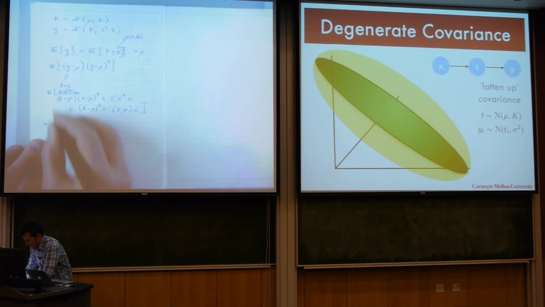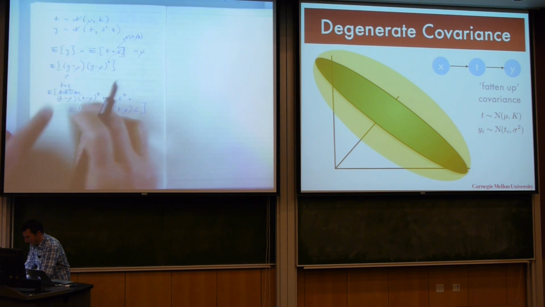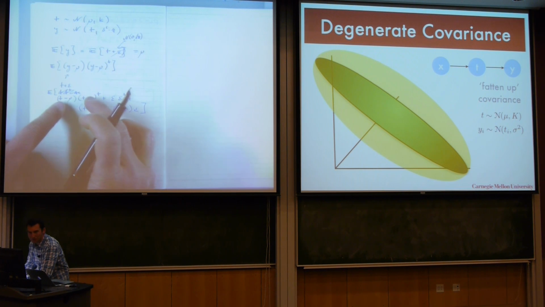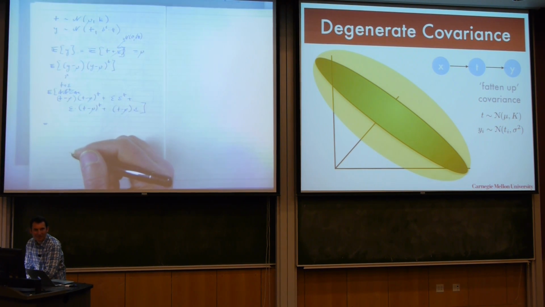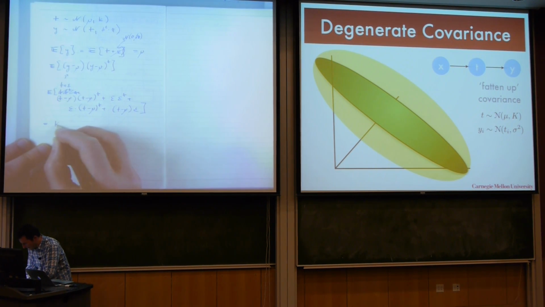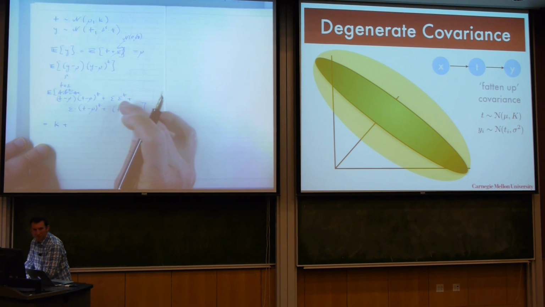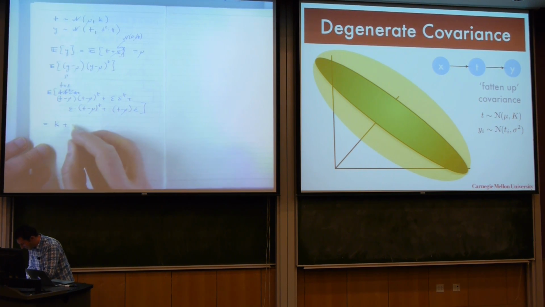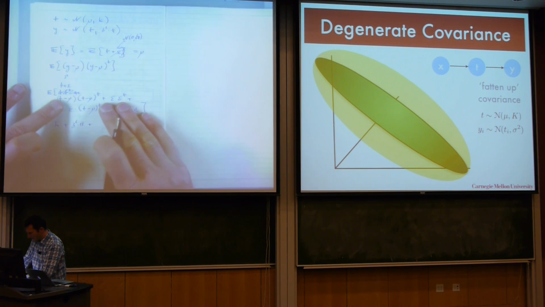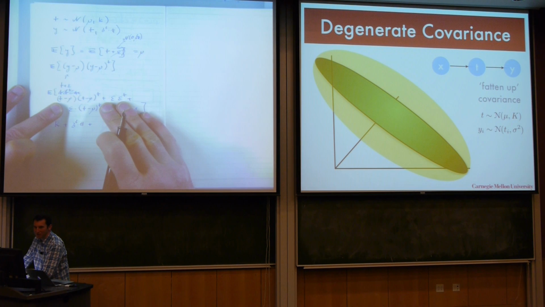Now, by linearity of the expectation, we can plug things in, right? So we know what the expected value of (t minus mu)(t minus mu) transpose is. Who knows what that is? K, exactly. So this is K plus, what's the expected value of epsilon epsilon transpose? Sigma squared identity, yeah? Now, what's the expected value of this term here? 0, exactly.